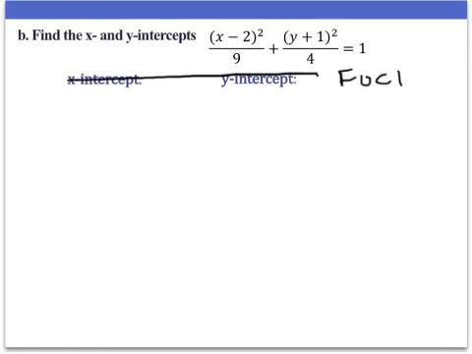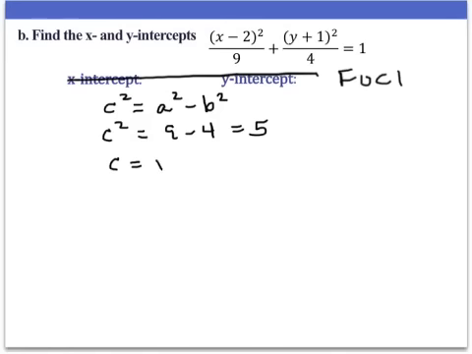Alright, instead of finding the x and y intercepts, we're going to find the foci. And remember, c squared equals a squared minus b squared, almost a Pythagorean theorem, but not quite. So we will just subtract your two denominators, and then c is the square root of 5, and our major axis is x, so you're going to add and subtract that square root of 5 to your center coordinate.